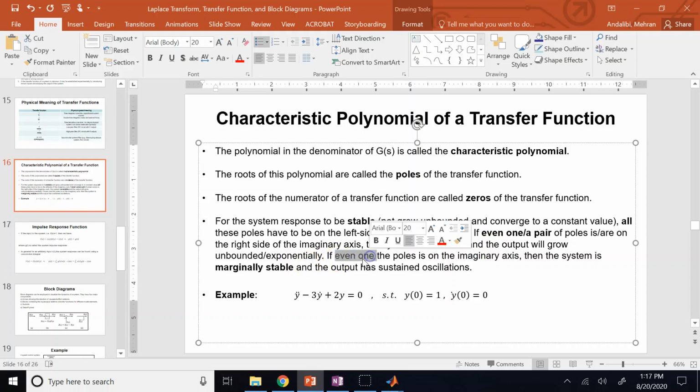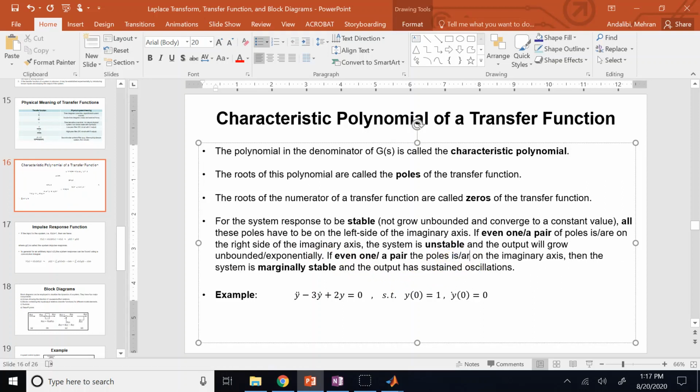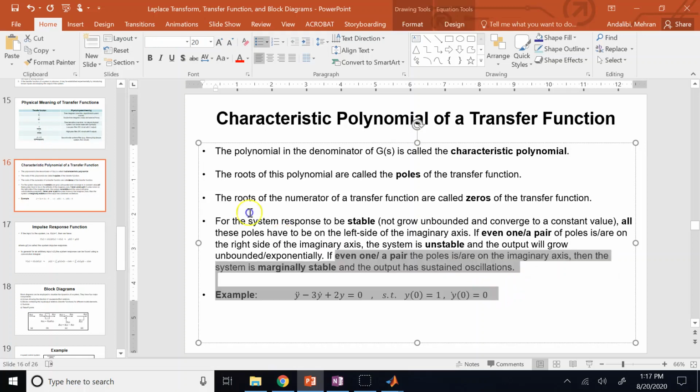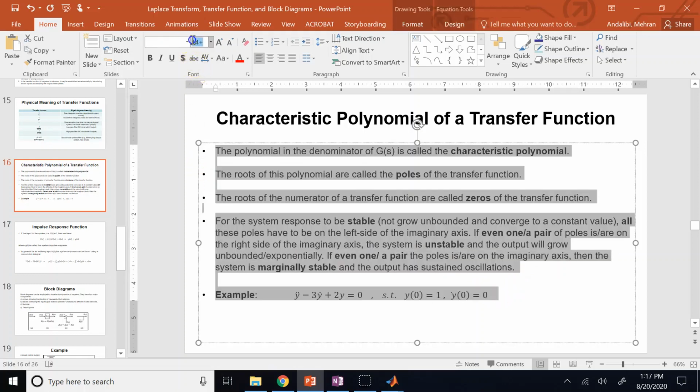Marginally stable. So one is enough for marginal stability or instability, okay? If you want pure stability, everything should be on the left side. So please keep that in mind.